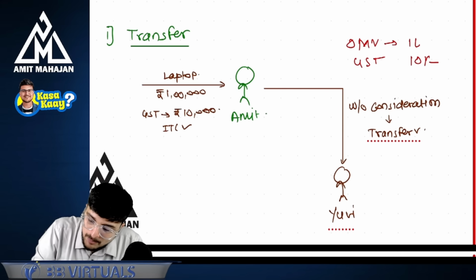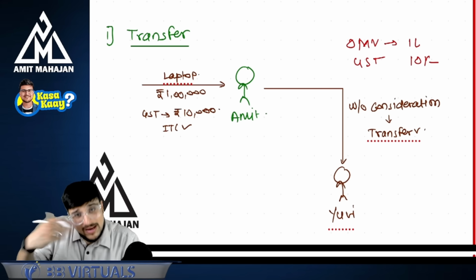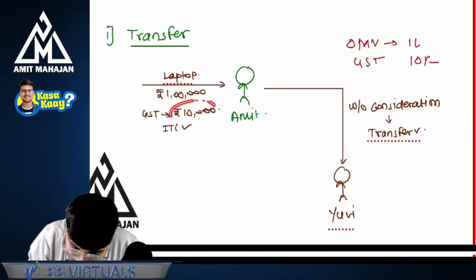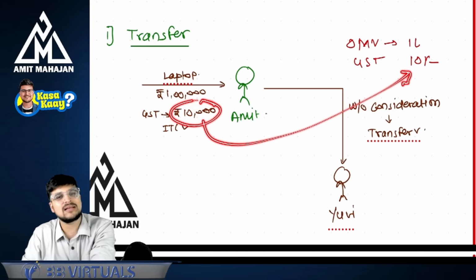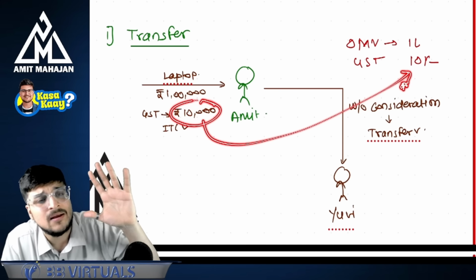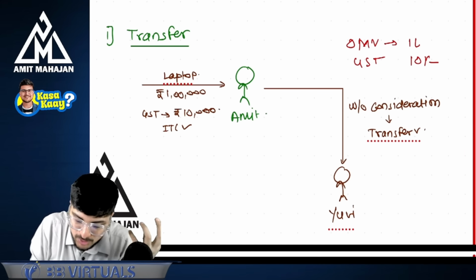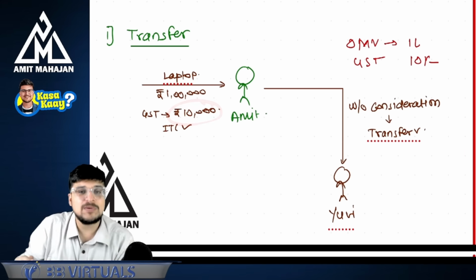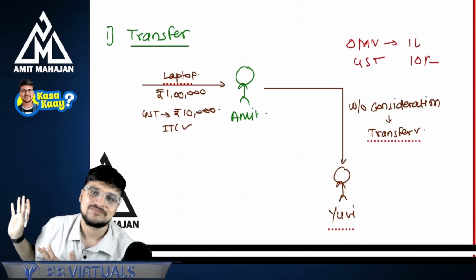Now, can I say Amit Mahajan will have to pay GST of 10,000 rupees to the government? Yes, but while he is paying 10,000 rupees, he will utilize this 10,000 rupees of ITC. So, can I say automatically, by creating my notional outward supply, I'm able to utilize my ITC, which means I'm ultimately reversing my wrongly availed ITC.